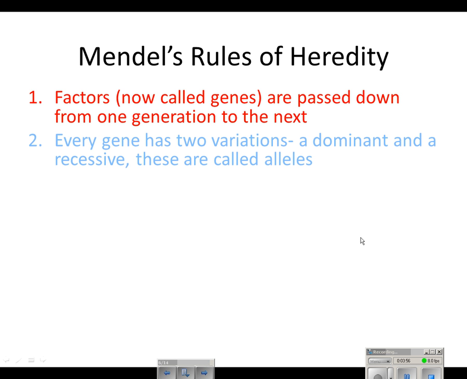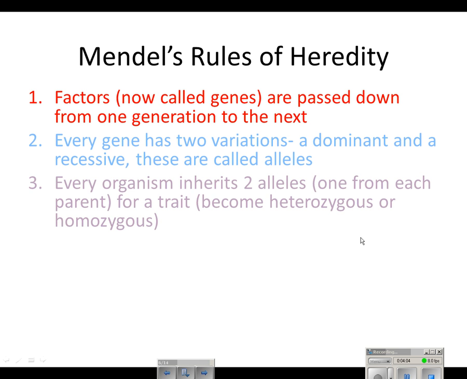He also said that every gene has two variations. There's a dominant and a recessive, and these are called alleles. And then every organism is going to inherit two alleles, one from each parent for a trait. So then that's where we get this term heterozygous or homozygous.